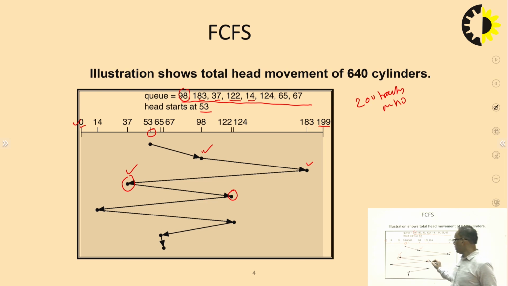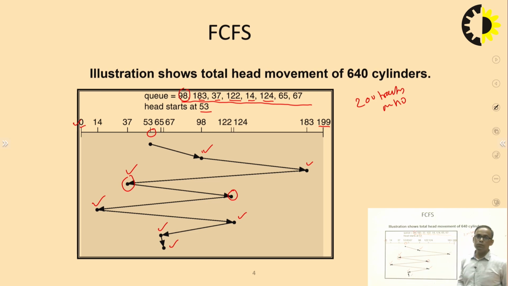From 122 it will go to track number 14 and service the request. After that, from track 14 it will move to track 124 and service the request of track 124. After that, 65 and then 67.